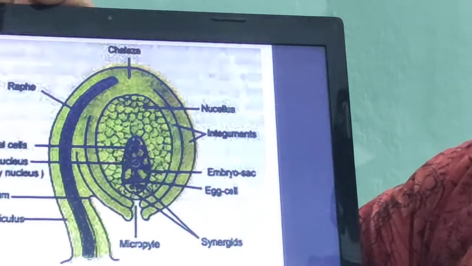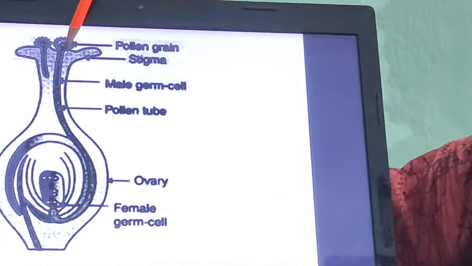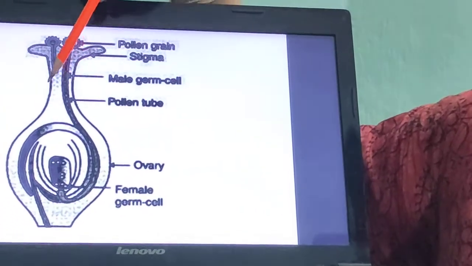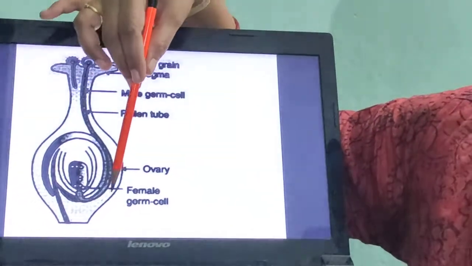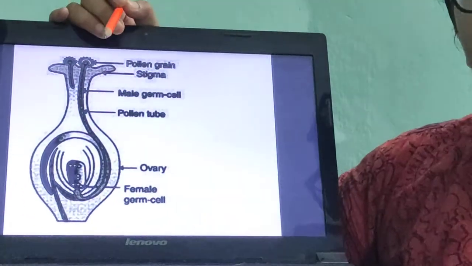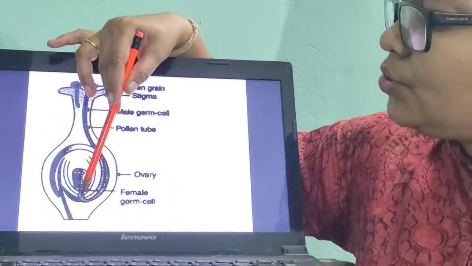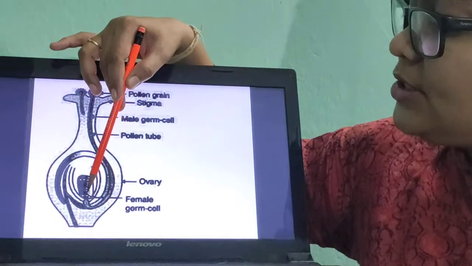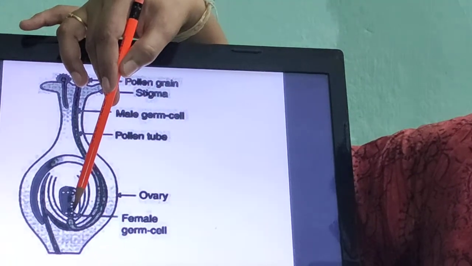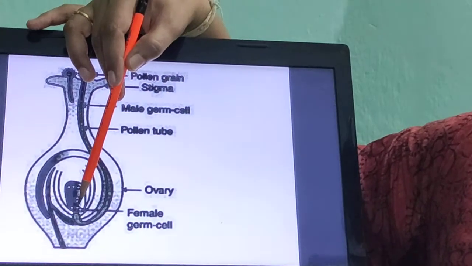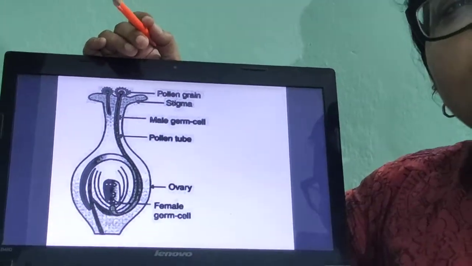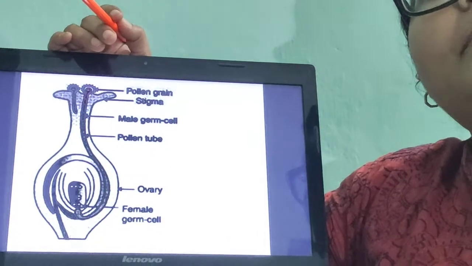You see, when the pollen grain falls on the stigma, it germinates into a pollen tube, and this pollen tube carries the male gamete towards the female gamete, that is the egg present at the micropylar end. This tube enters the female gametophyte through the micropyle. When it enters the female gametophyte, the synergids guide, right? The synergids guide or escort the movement of the male gamete.